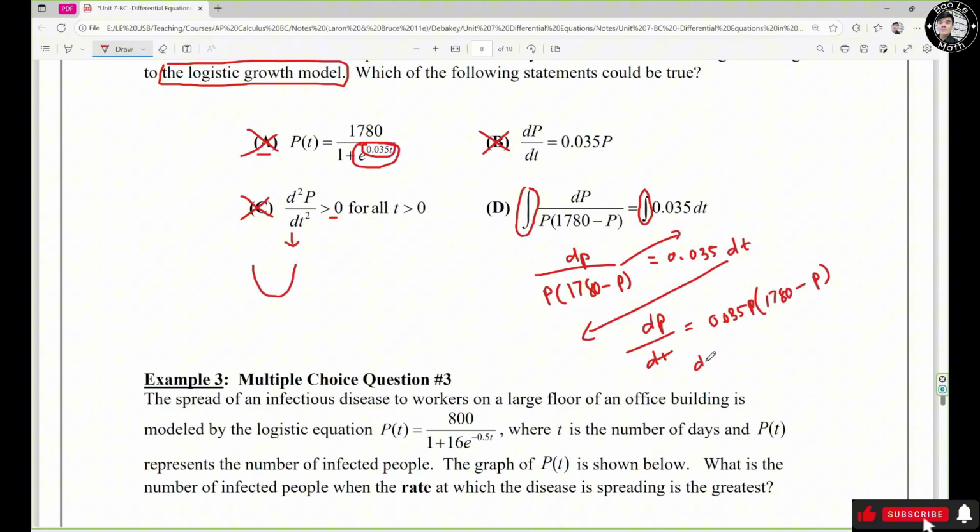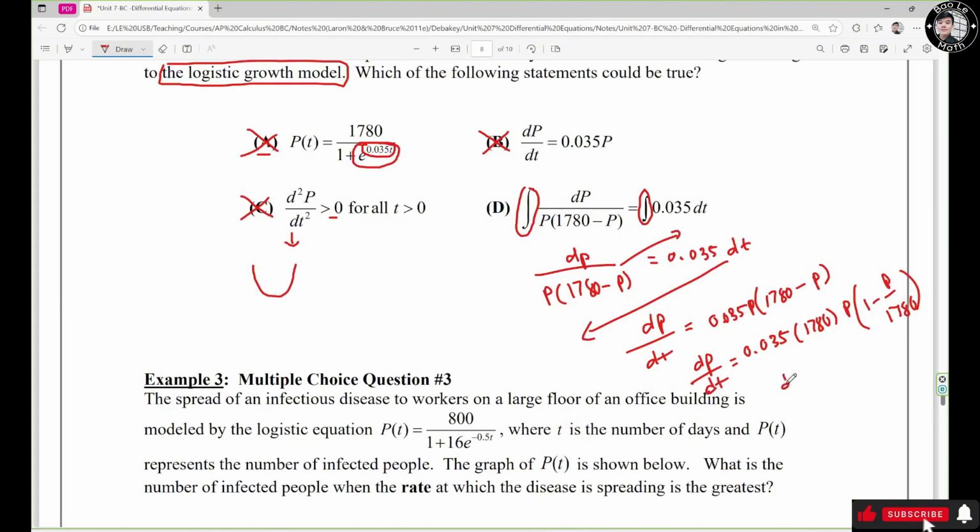So this guy turns out to be dp over dt equals 0.035 times 1780 times p times 1 minus p over 1780. Alright, this one is actually the logistic growth model, right?